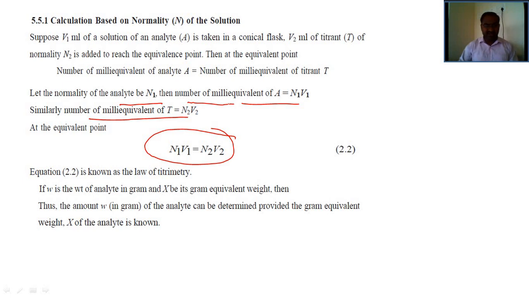We are getting the equivalence point or normality of that solution. The amount of analyte can be determined provided the gram equivalent weight of the analyte is known.